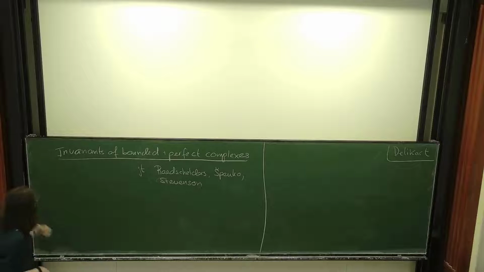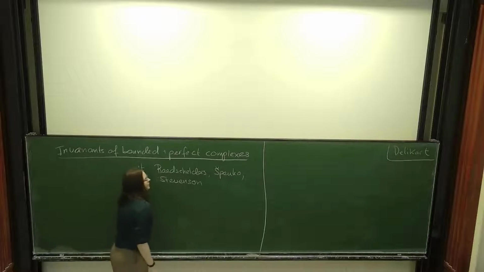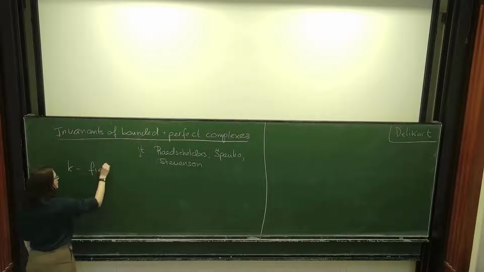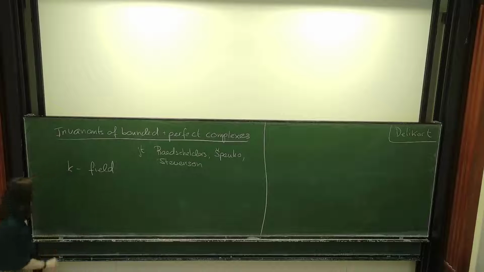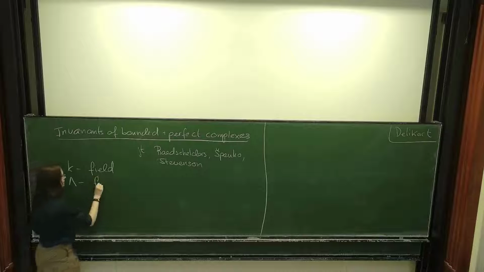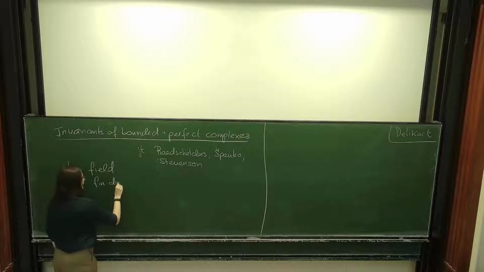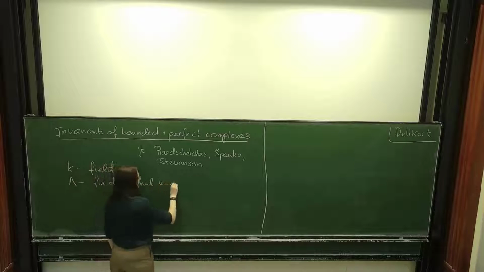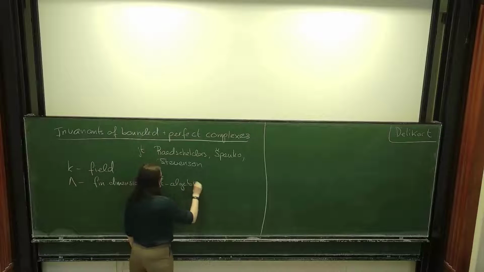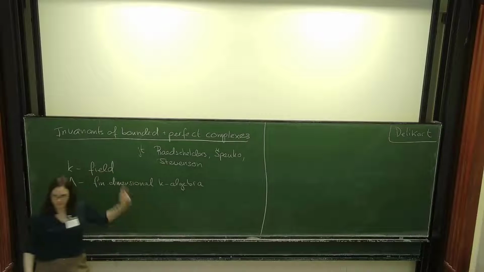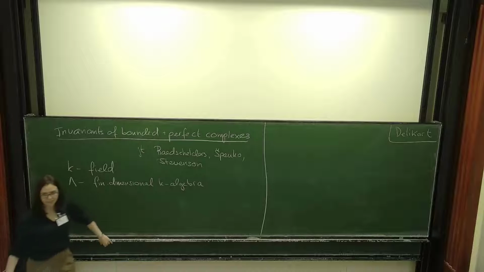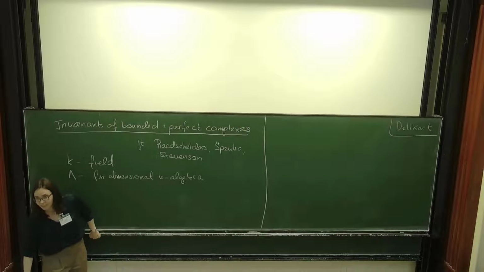Right, so what we're going to do throughout the talk is we're going to fix some field K, and we're going to fix a finite dimensional algebra lambda over K. So that's going to remain throughout the talk. And as the title suggests, we have two main players today.